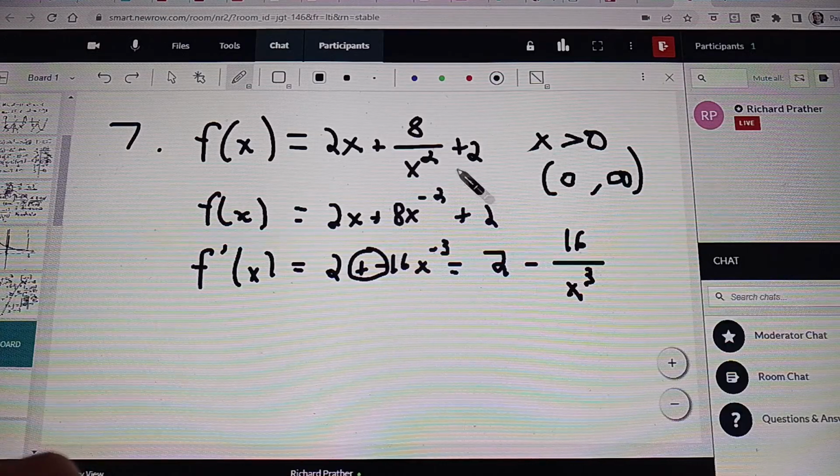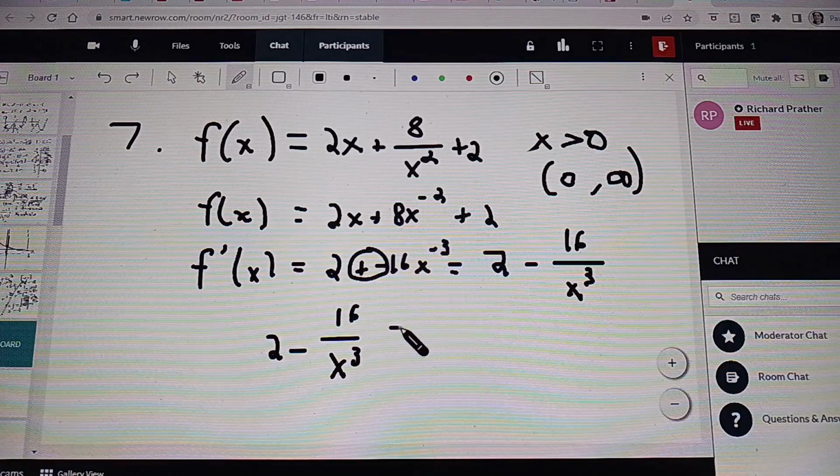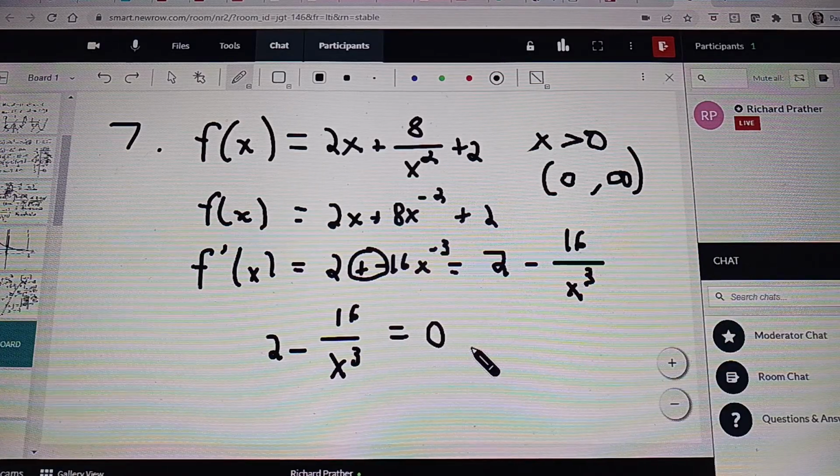So 0's out for a couple of reasons. So the only thing left then is what makes this thing equal 0, if anything. And I'm not going to use endpoints here. You can't use endpoints unless you have a closed interval on both sides. So once there's not a closed interval, then endpoints go right out the window.